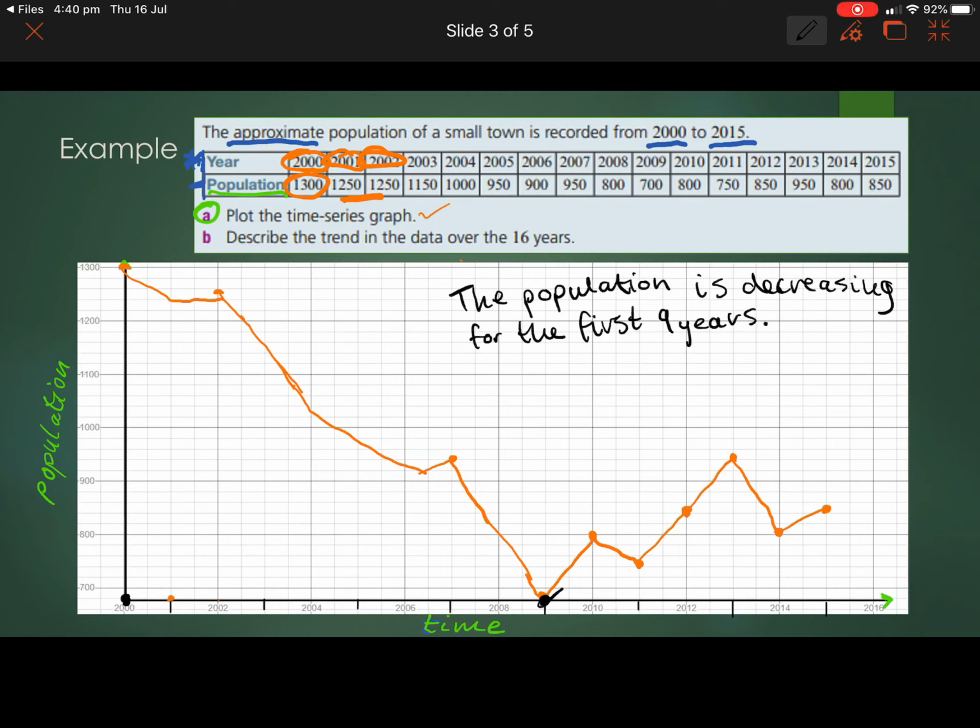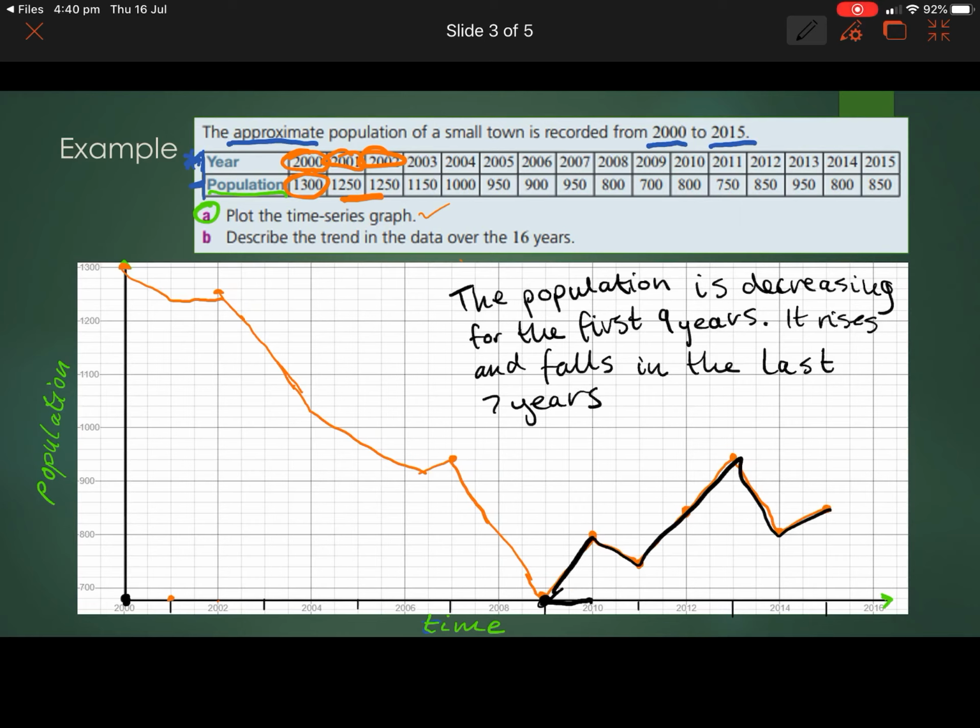And then the population rises and falls in the last 6 years, because you can see it's going up, down, up. So you can say that it rises and falls in the last 7 years.